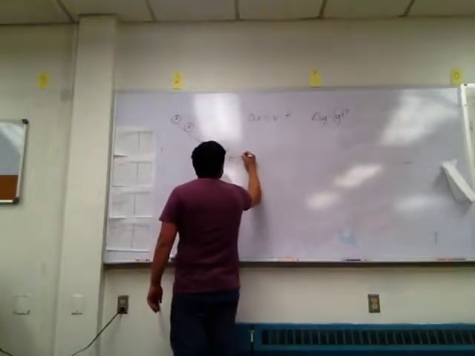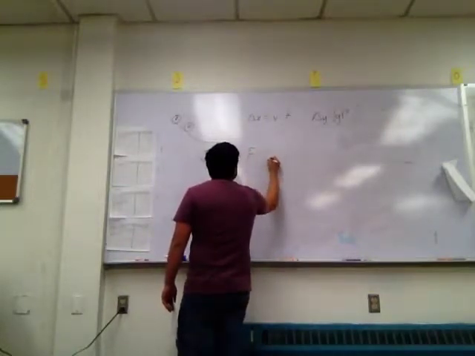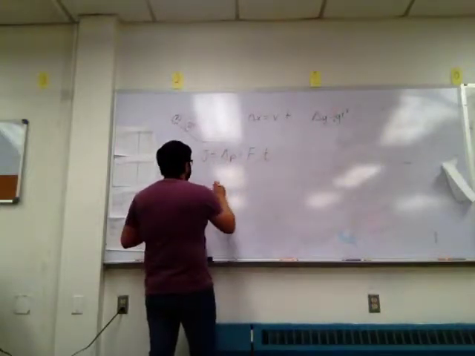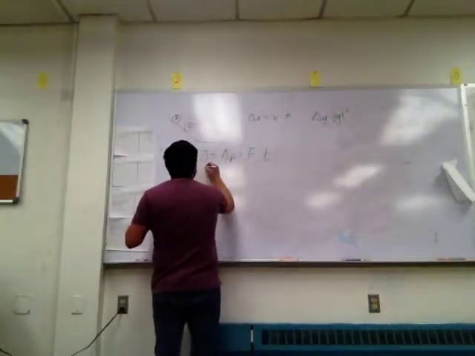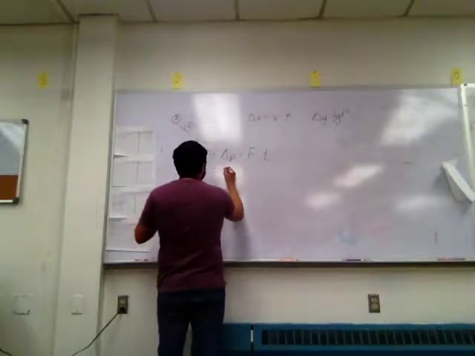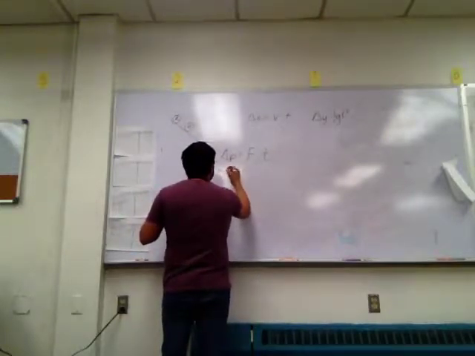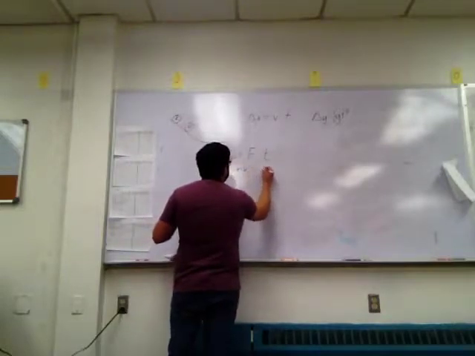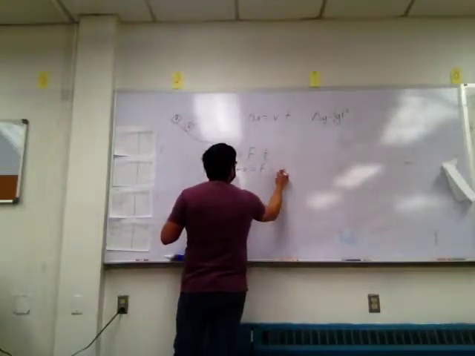So it should be impulse equals change in momentum equals force times time, right? So we put impulse equals change of momentum, which is m v_f minus m v_i equals force times time.